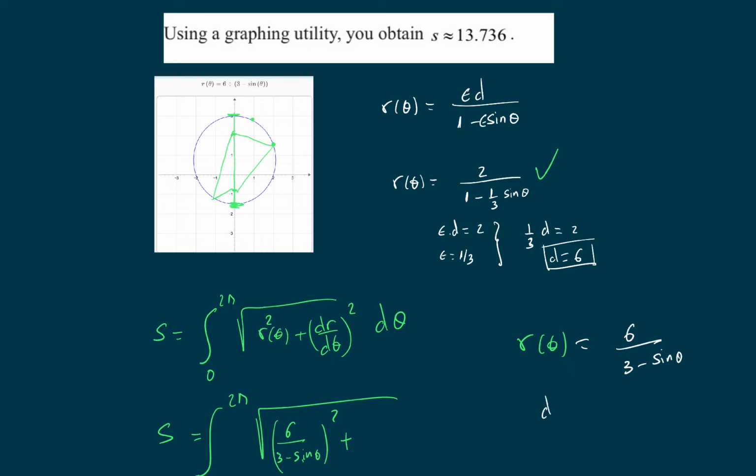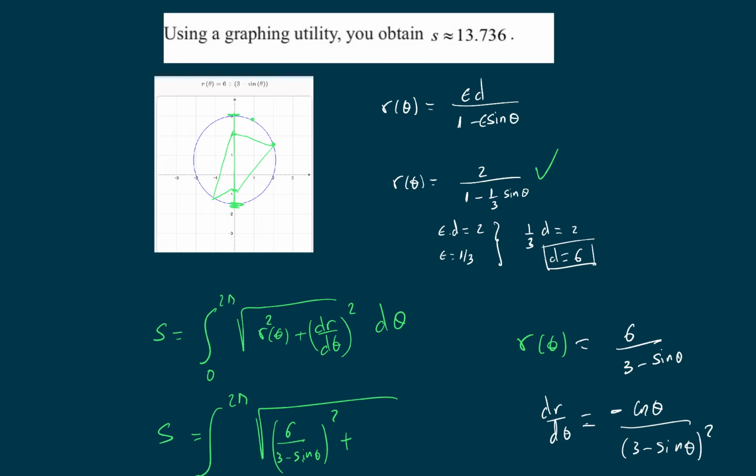The derivative of r with respect to theta is the derivative of the numerator, which is 0, times the denominator, minus the numerator times the derivative of the denominator. The derivative of the denominator is minus cosine of theta, divided by the denominator squared, 3 minus sine of theta squared.